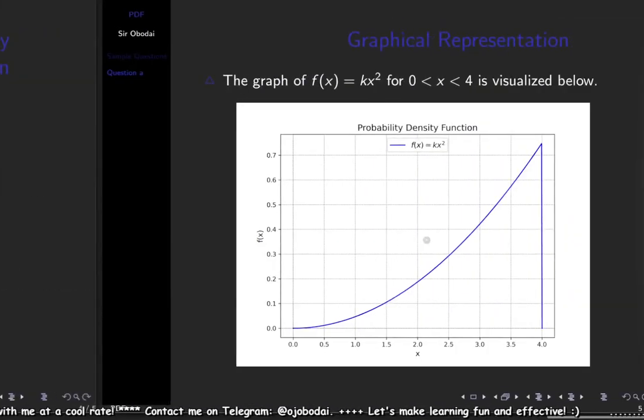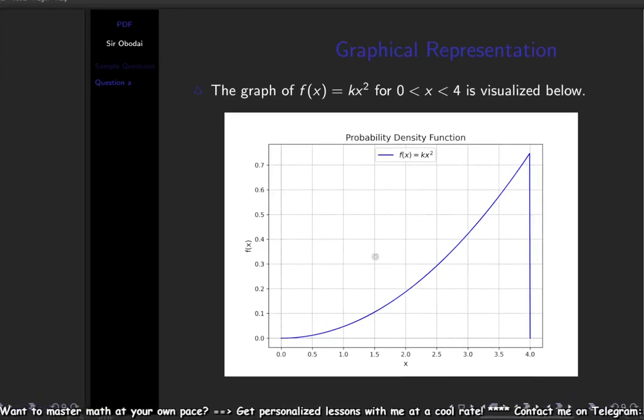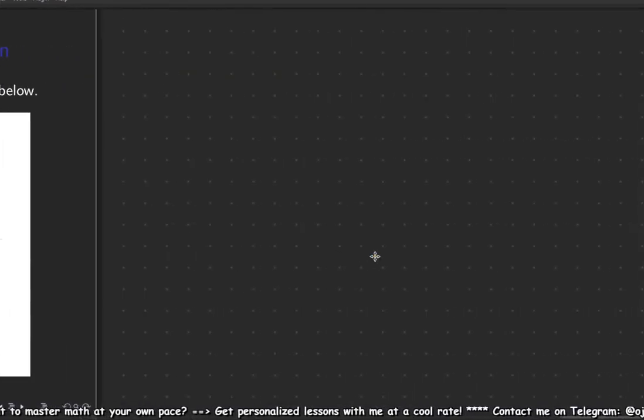This is just a visual representation of what the function looks like. This is f of x, this is kx squared. Even though we don't know our value for k, this is how it will look if we are to input it in a calculator. So now that we know how it looks, let's quickly go into the verification.